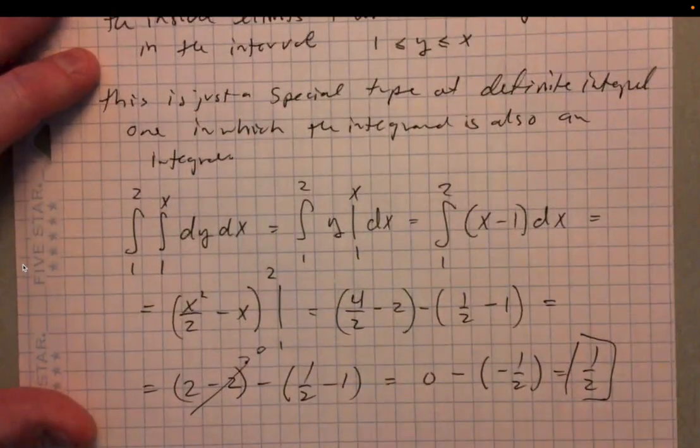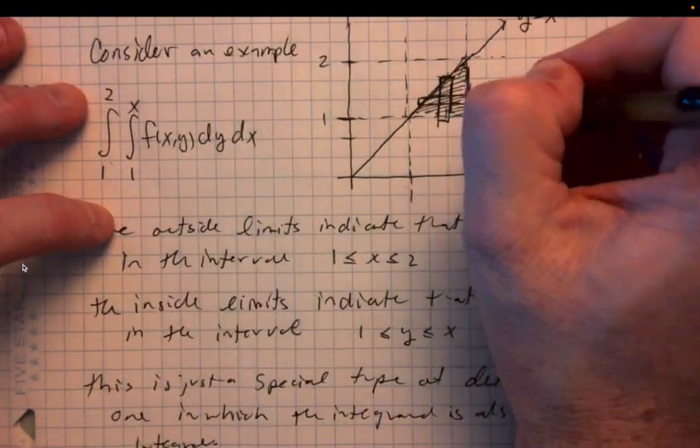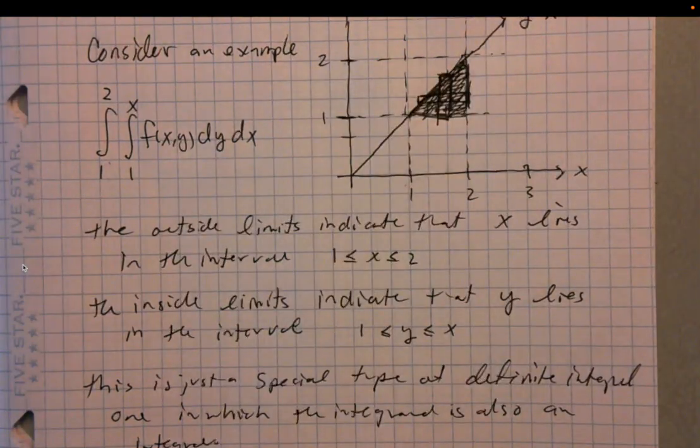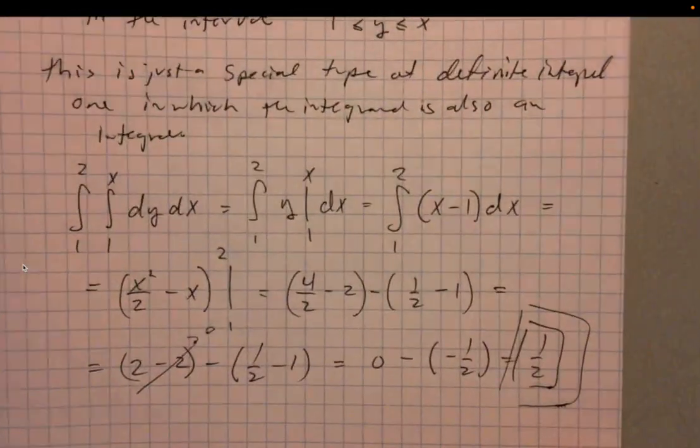So the answer here would be 1/2. Now, does that make sense? Is the area of this shaded region 1/2? Yeah, of course it is. It's a 1 by 1 square cut in half on the diagonal, so the area there is obviously 1/2. Okay, perfect.